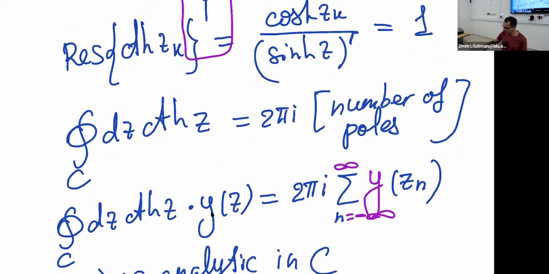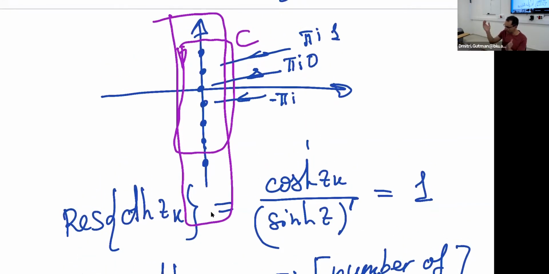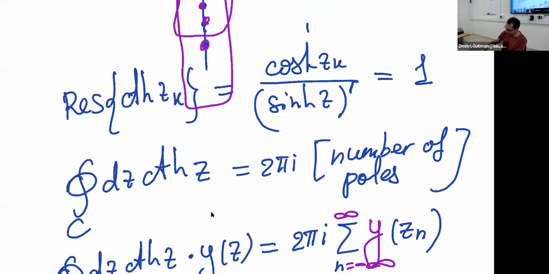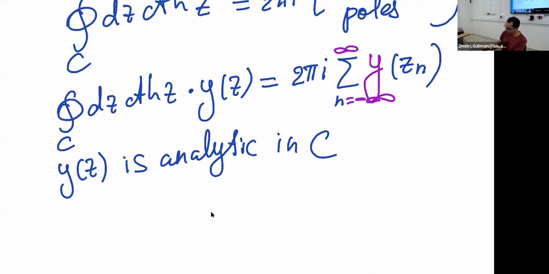So if you fix any contour of integration C that encompasses a finite or an infinite number of poles here, and you integrate an analytic function with the hyperbolic cotangent, you get a sum of the residues, which will be equal to the value of the function y at these points.